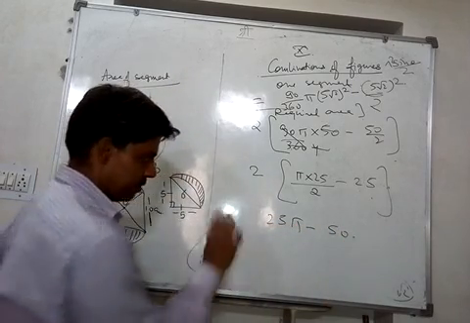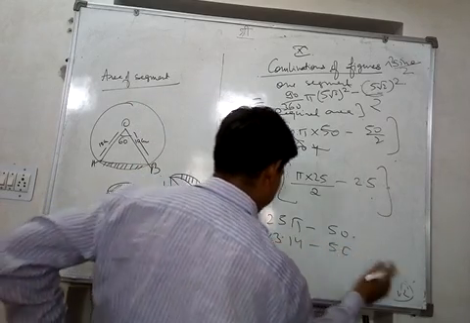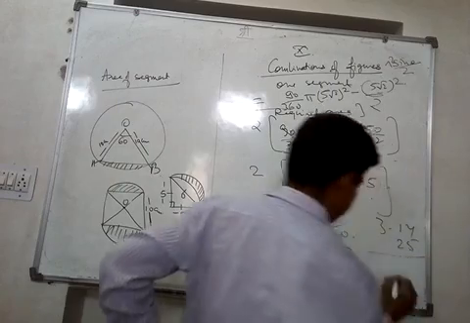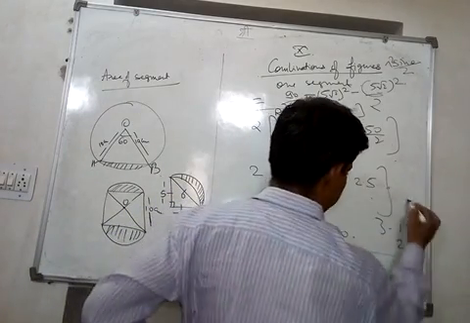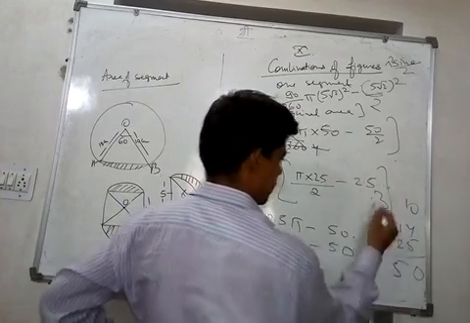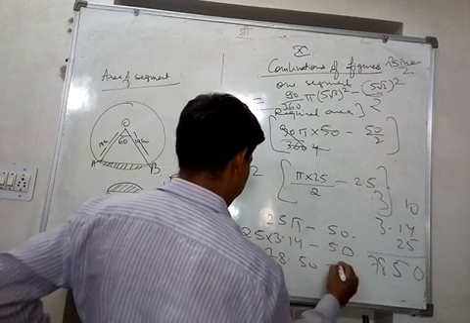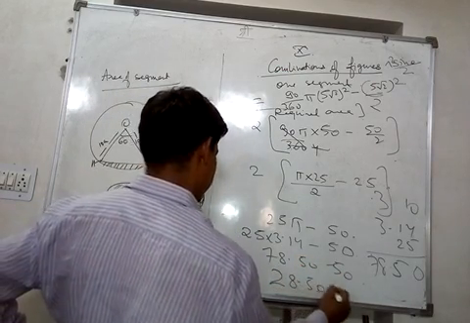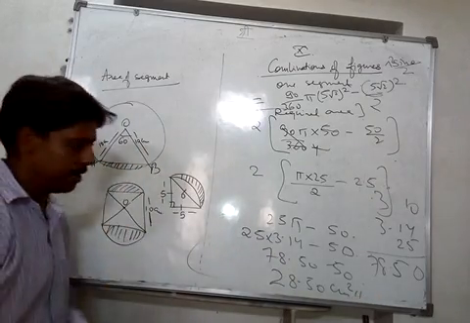We can even solve this with the value 3.14. 25 times 3.14 is 78.50. 78.50 minus 50 is 28.50 centimeter square. So that is the area of this shaded region.